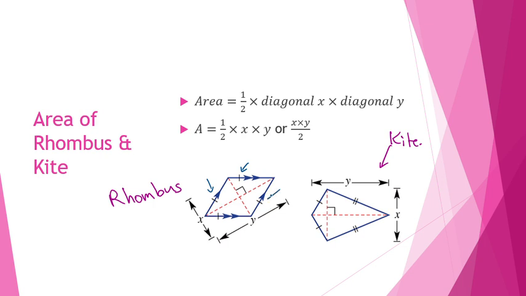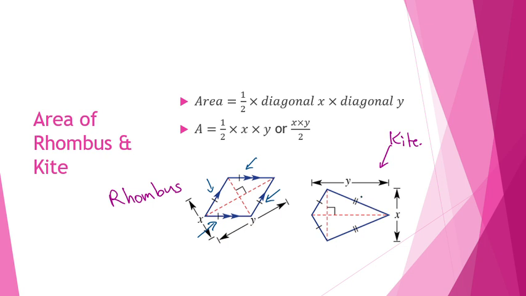Those dashes mean that these are all the same side lengths. So, for example, if one side length is 5 centimeters, the rest of them are 5 centimeters as well. That's all it means.